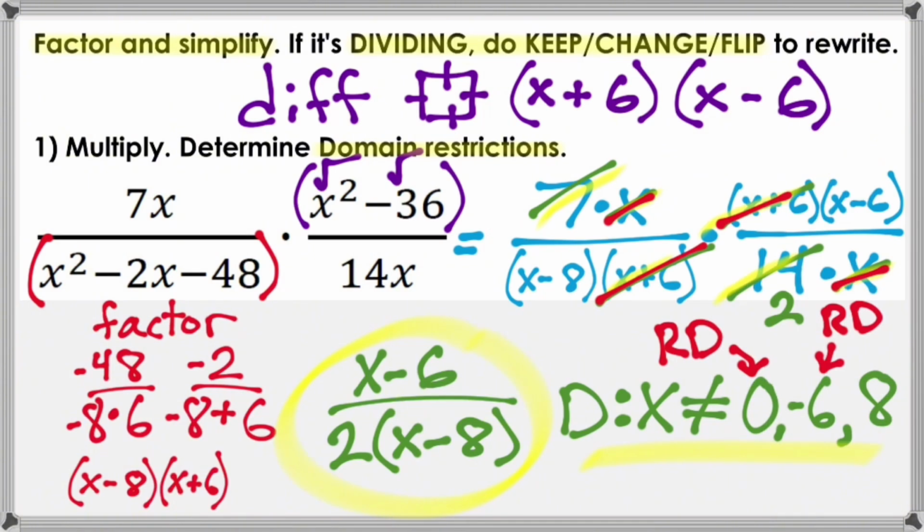Now take a look at your domain. Because we canceled out an x plus 6, that means x equaling negative 6 is going to be a removable discontinuity. That cannot be in the domain. Because we canceled out a single x, according to the zero product property, you would just do x equals 0, just like x plus 6 equals 0, and you would subtract 6 from both sides.